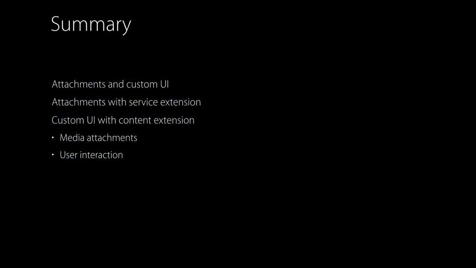And what we learned today is how to use attachments and custom UI in notification content extensions in iOS 10. We learned how to download and add attachments to notifications by using a service extension. We learned how to do fully custom UI with your specialized content with the content extensions that can use media attachments and can handle user interaction.